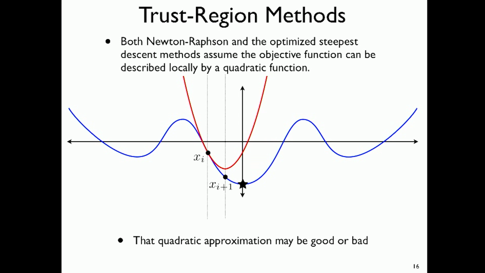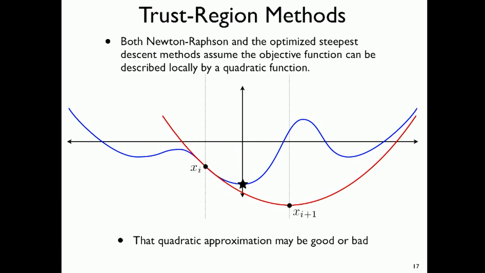And we find the minima of this red curve and use that as our next best guess for the solution to the problem. And this seems to be working us closer and closer towards the actual minimum in the function. So this quadratic approximation seems good. If the quadratic approximation is good, which method should we choose? Newton-Raphson, right?